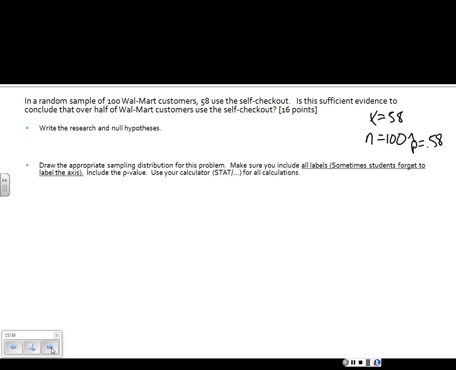And then it says, is this enough evidence to conclude that over half answer yes, that they use the checkout? So half is 50% or 0.5. So HR is P, the population proportion, greater than 0.5, and the null hypothesis is always no effect. In this case, P is equal to 0.5.